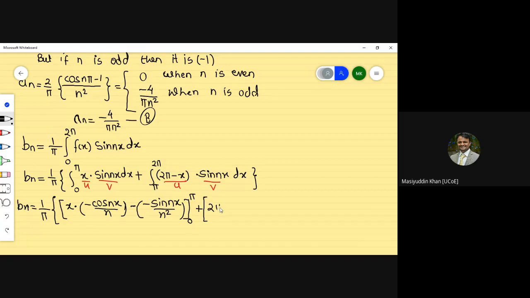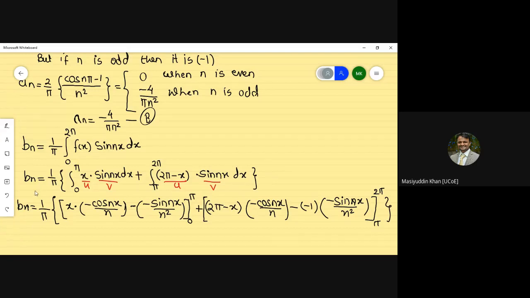So (2 pi minus x) into integration of sine, again minus cos nx by n, minus, integration of this part: derivative of 2 pi minus x is minus 1, and integration of cos becomes minus sine of nx upon n square, limit points pi to 2 pi. Now we have to put the upper limit minus lower limit here.